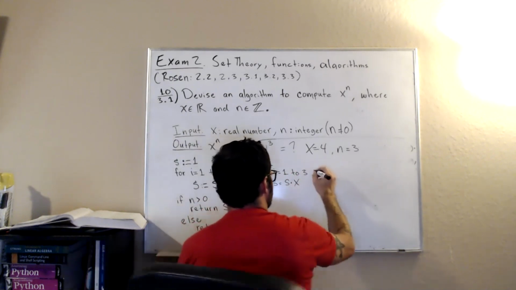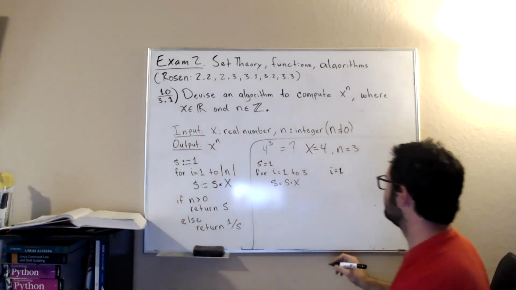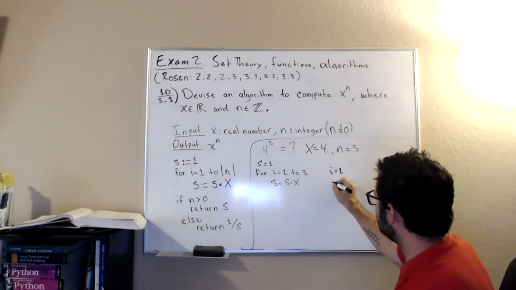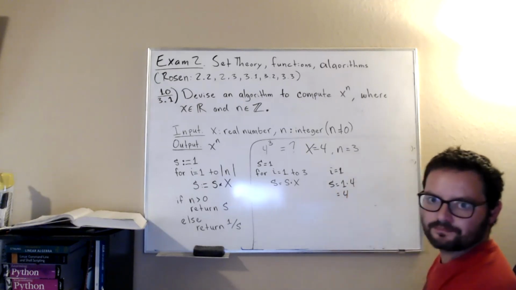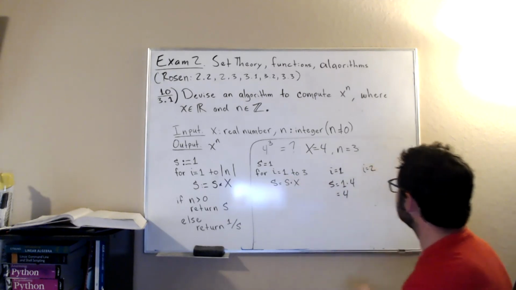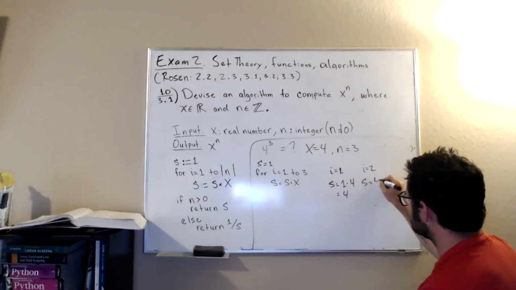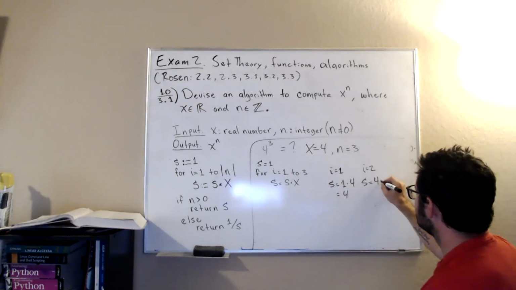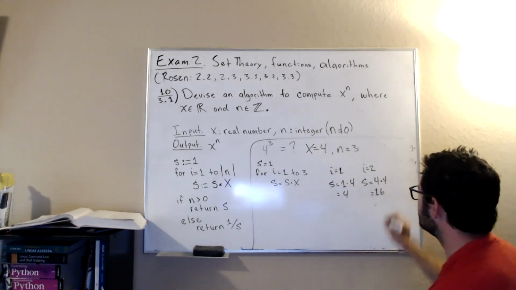When i is equal to 1, s is equal to 1 times 4, which is just 4. Then we increment i, so when i is equal to 2, s is equal to s, which is currently 4, times 4, which is 16.